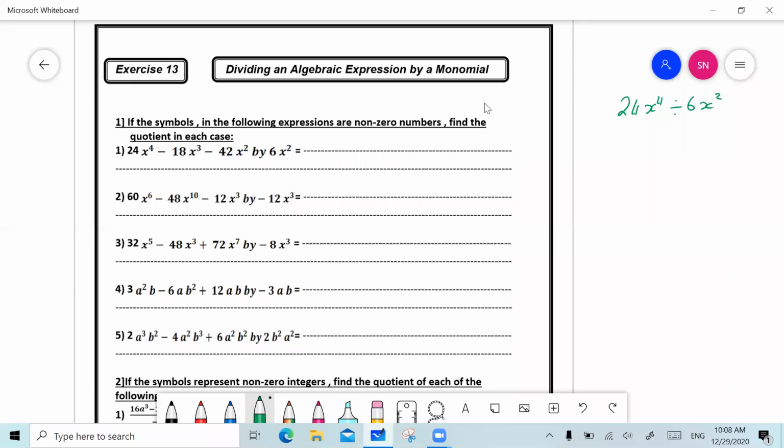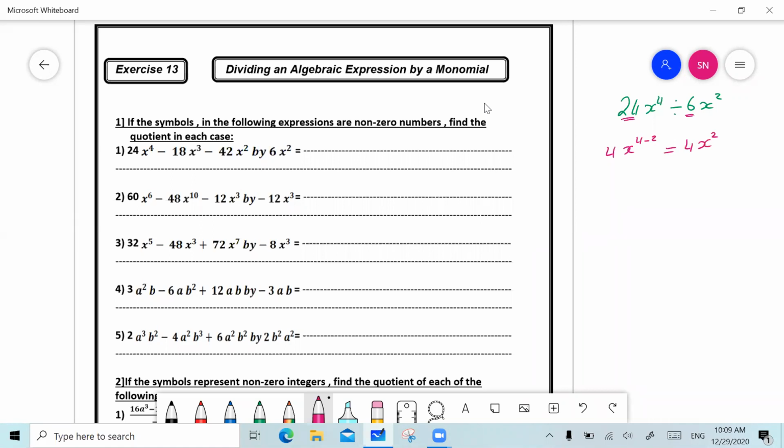When dividing, we divide the coefficient by the coefficient, so 24 divided by 6 is equal to 4. For the variables, we subtract the powers, so it's x to the power of 4 minus 2. So at the end, I have 4x squared.